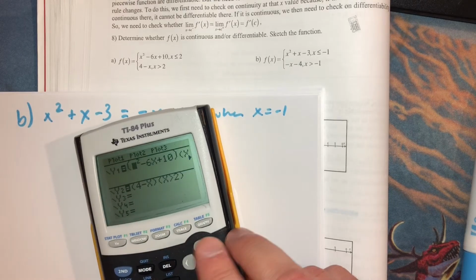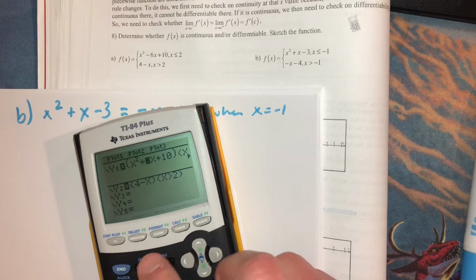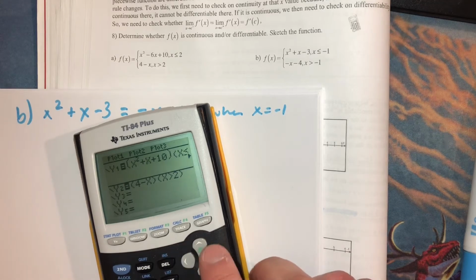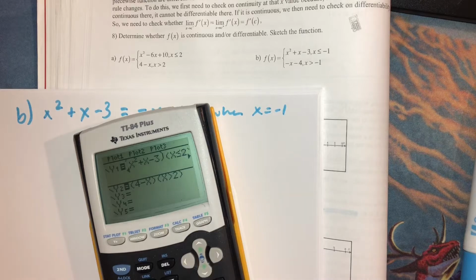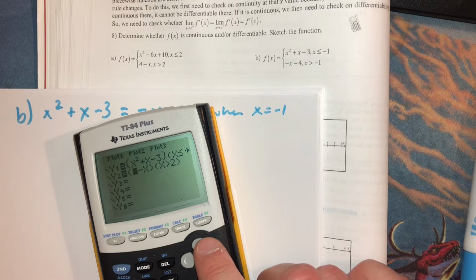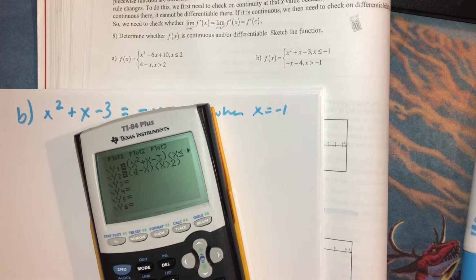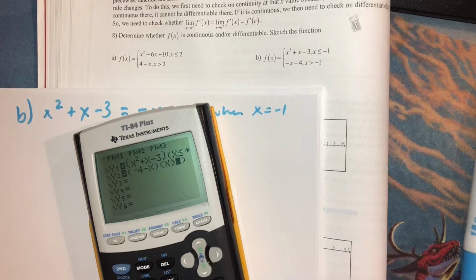So if we look at this next one, x squared plus x minus 3 when x is less than or equal to -1, and then it's just negative x minus 4.